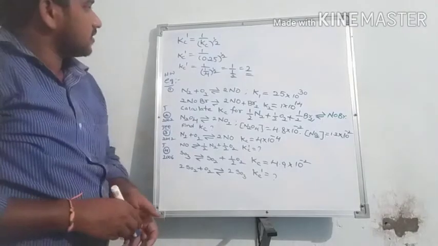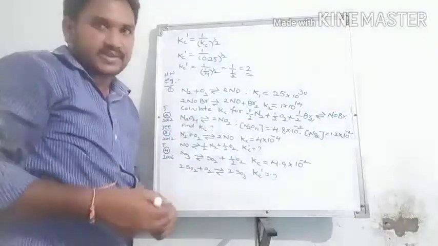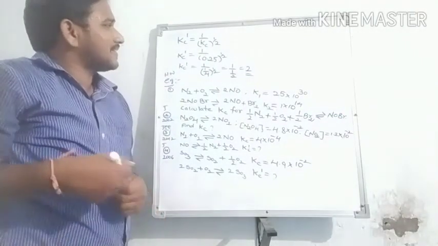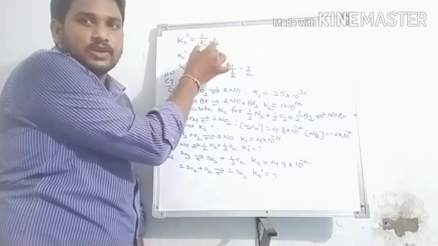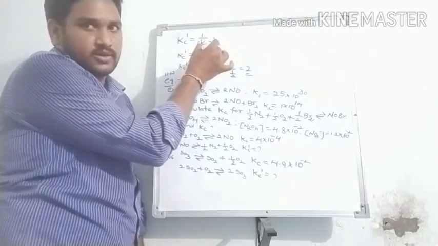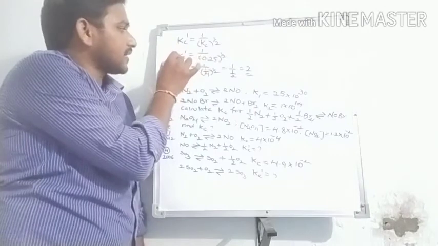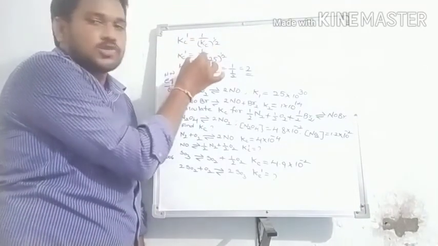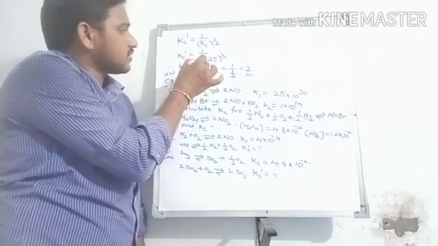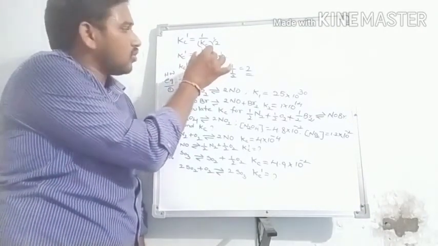After that, what happens? Kc dash is equal to 1 by Kc whole power 1 by 2. Kc is already given as 0.25, so Kc dash is 1 by 0.25 whole power 1 by 2.